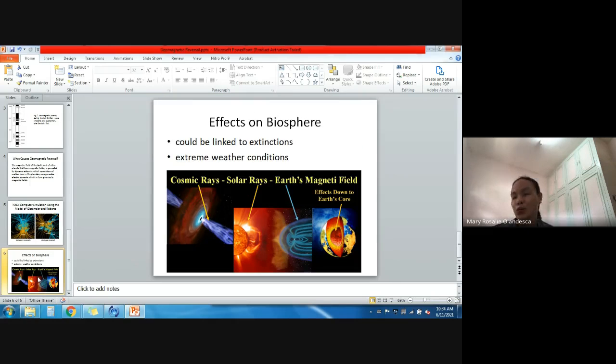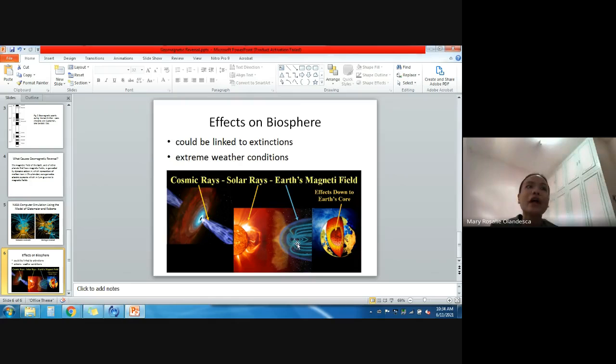Okay, so as Chyla said a while ago, when the magnetic field weakens, there will be more cosmic rays entering our atmosphere, as well as the ionizing radiation from the solar flares. So this is what will happen. Here, this is our Earth and this is the Sun.